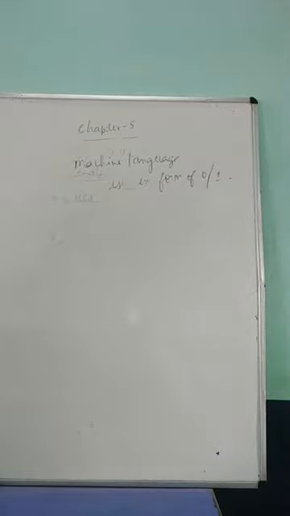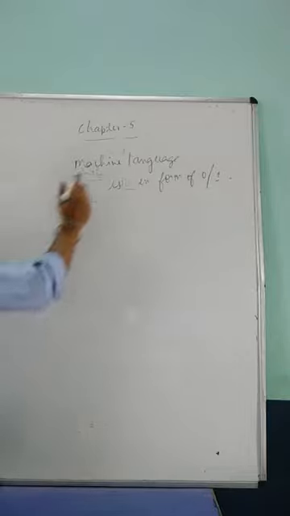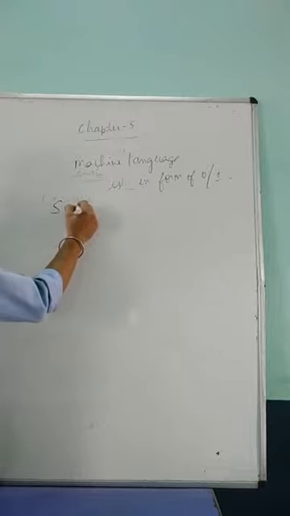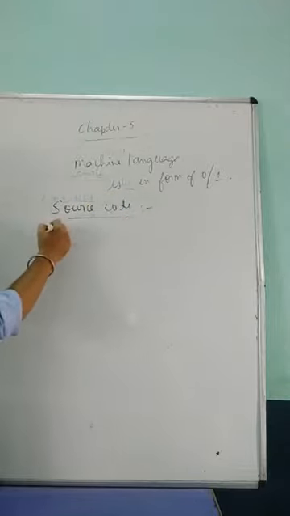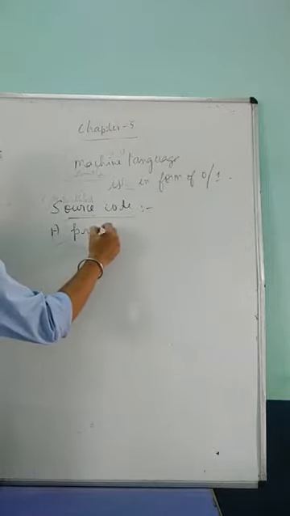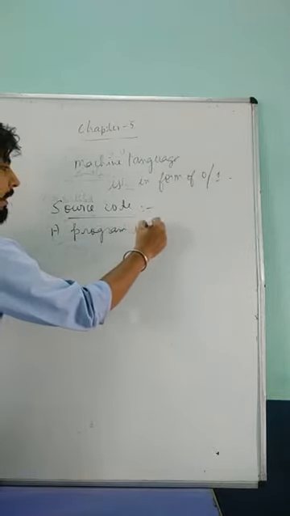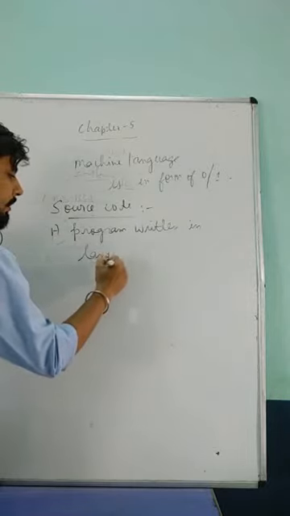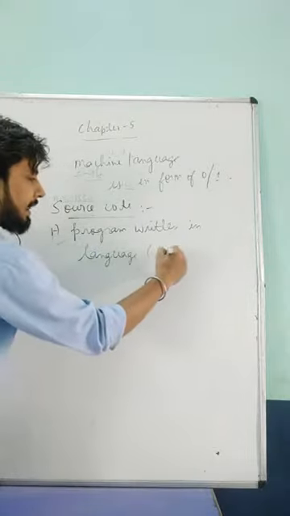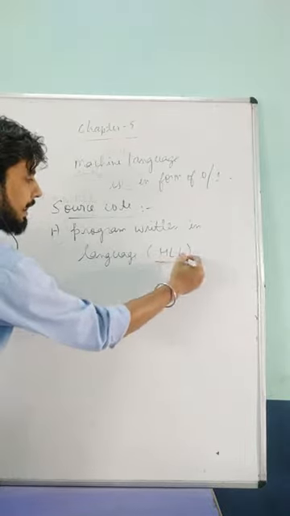Okay. So the next part is that the thing we write is called the source code. What is the source code now? Source code is a program written in a high level language.